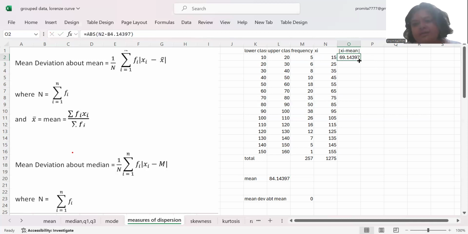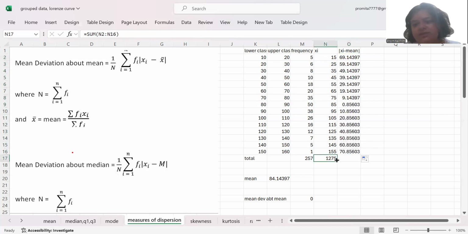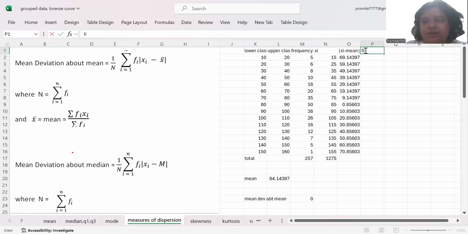So this is my absolute value of xi minus mean. Next we have to calculate fi into absolute xi minus x bar. So we multiply this by the frequency and then we drag and drop.